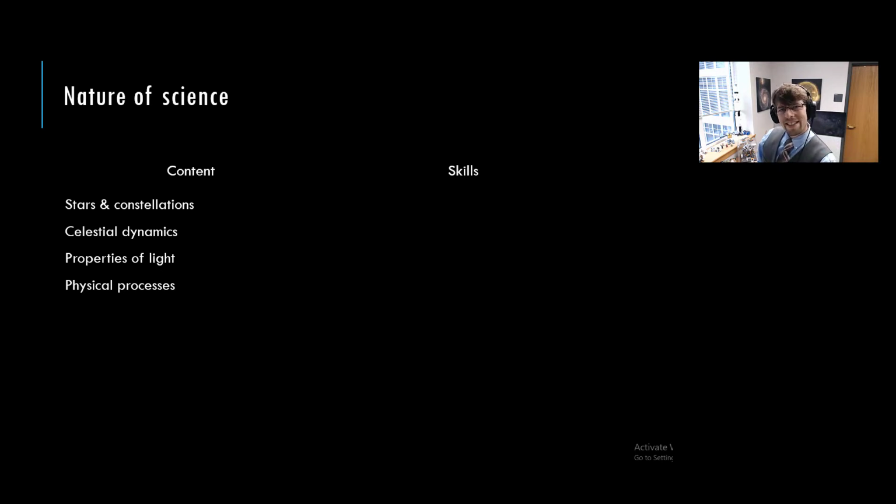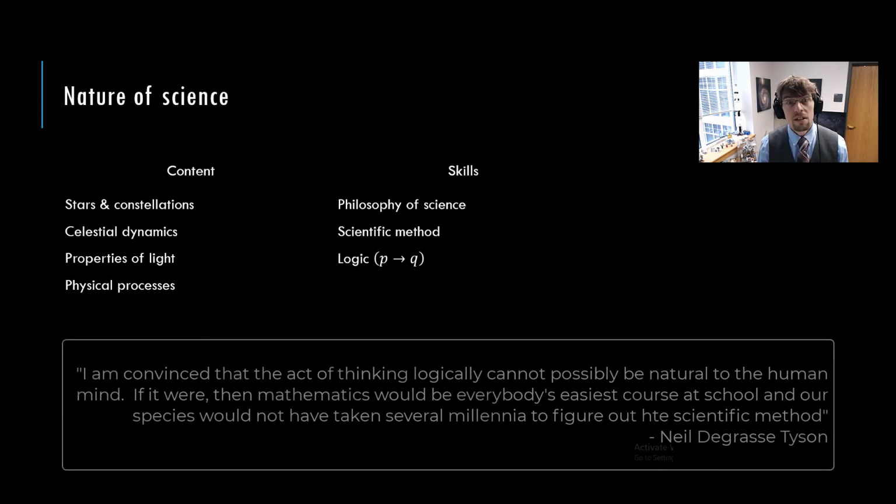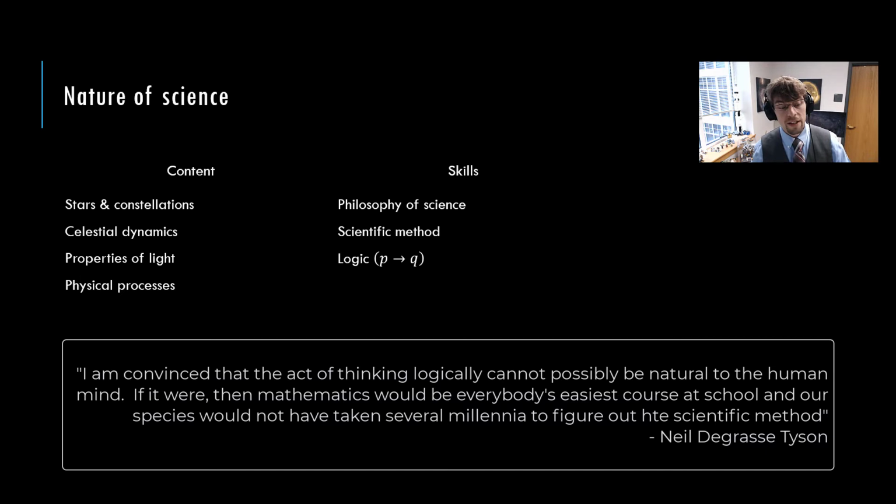But then the skill side of it, it's a bit harder for me to really define. So what do I mean by that? For example, the philosophy of science, okay? Or the scientific method in general. Other things would be things like logic, moving from if I know this, then I can infer this.